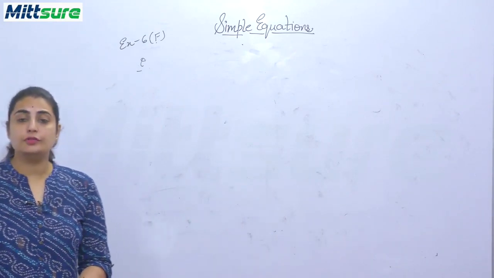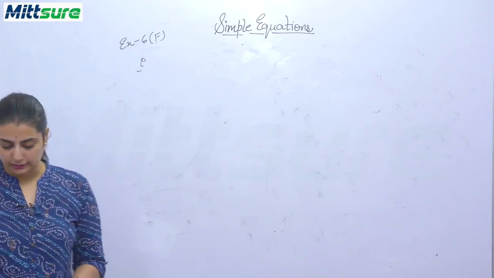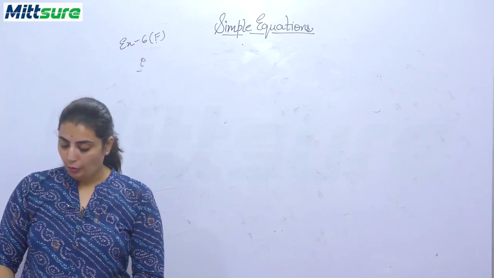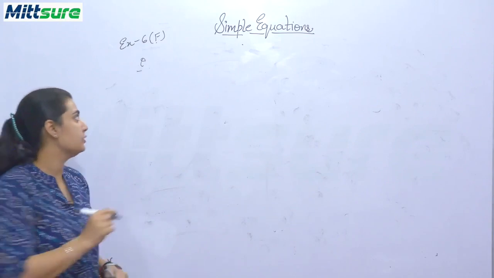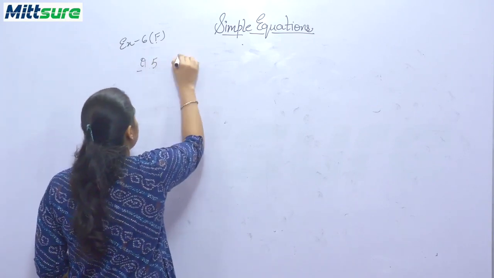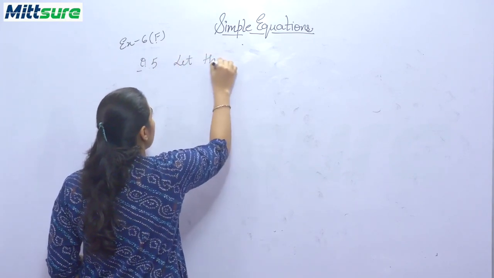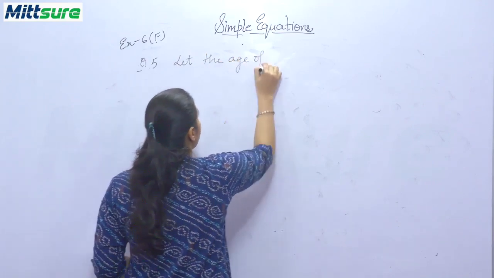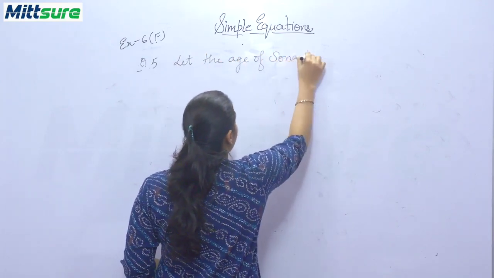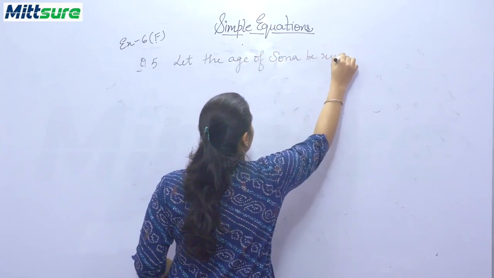Now, the age of Sona's father is given to you, 49 years. He is 4 years older than 3 times Sona's age. So let the age of Sona be x years.